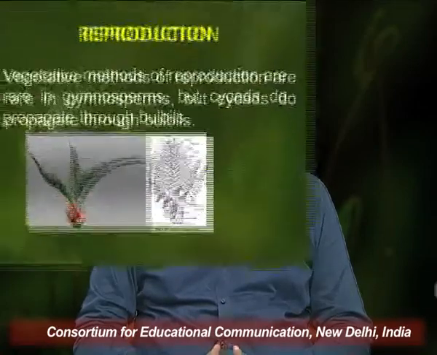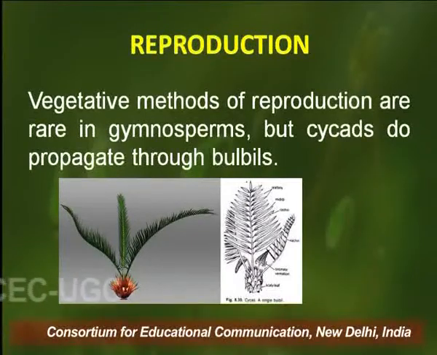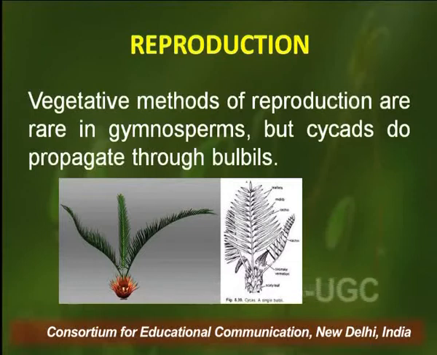Vegetative methods of reproduction are very uncommon, but in case of Cycas, they do produce a structure called bulbils. These bulbils arise on the lateral side of the stem, and upon arrival of comfortable and convenient circumstances, they germinate and give rise to a proper leaf and other systems.